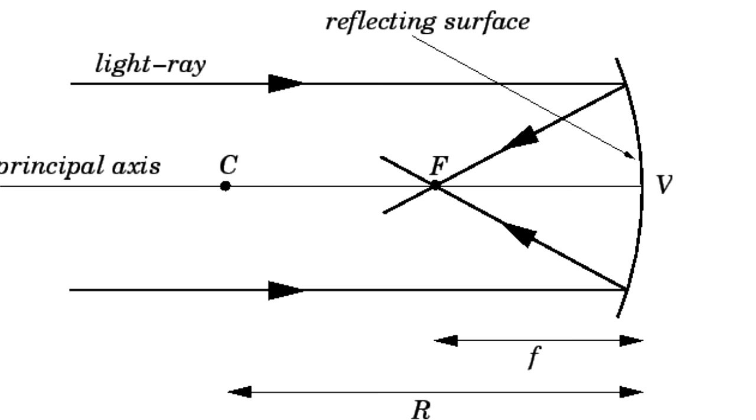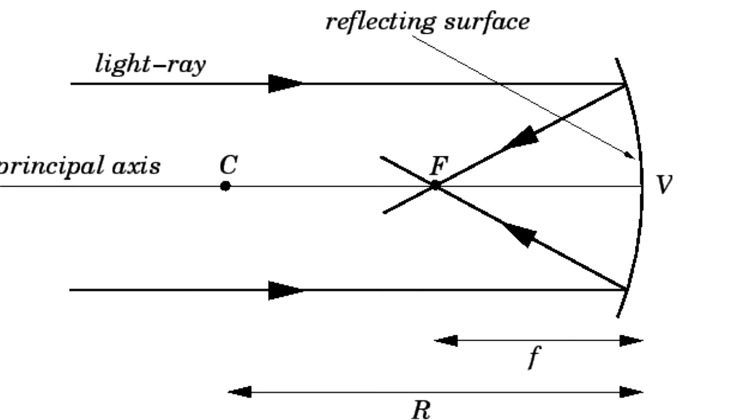The point B at which the principal axis touches the surface of the mirror is called the vertex. The point C on the principal axis, which is equidistant from all points on the reflecting surface of the mirror, is called the center of curvature. The distance along the principal axis from point C to point B is called the radius of curvature of the mirror and is denoted R.